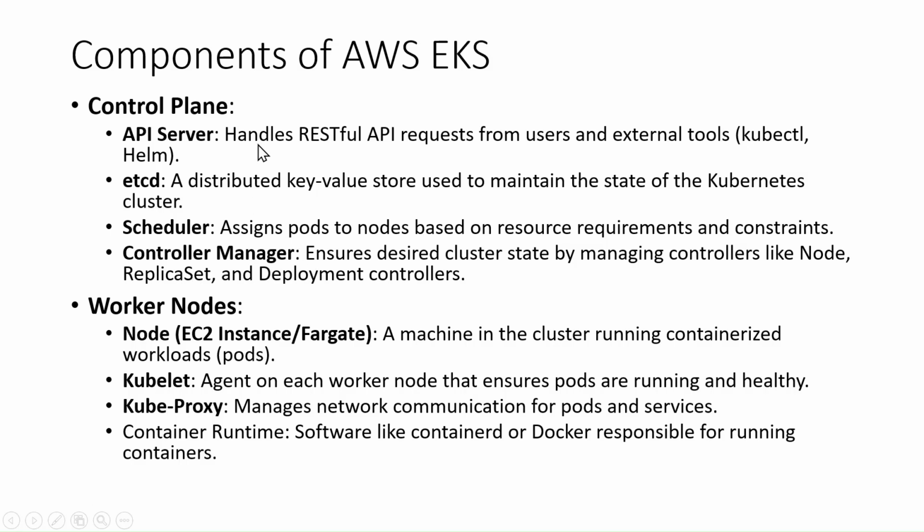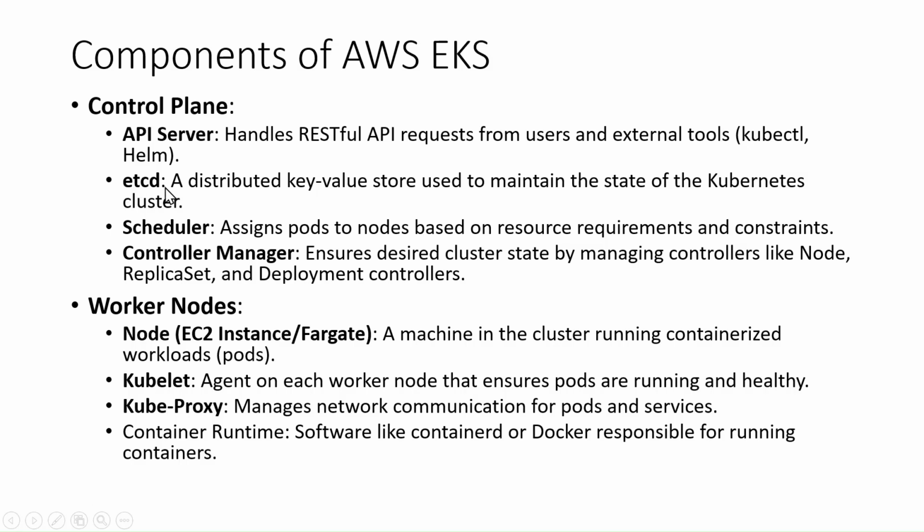The first pod will be the control plane. Inside that we will have the API server, which handles RESTful API requests from users and external tools like kubectl. So any request we make will travel through this pod, the API server.